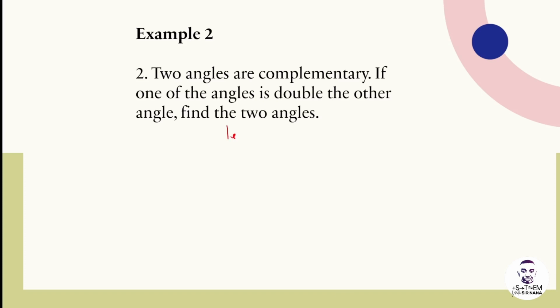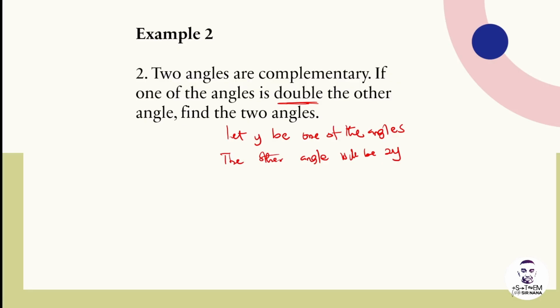So we can say let y be one of the angles. So the other angle, I hope you've guessed right, will be 2y, because it's double. Double means 2 times the angle.